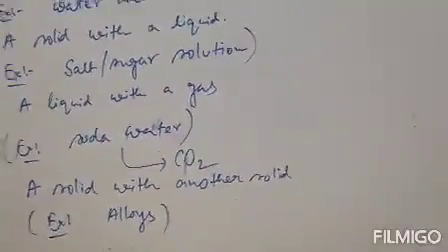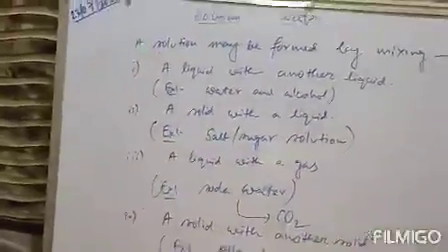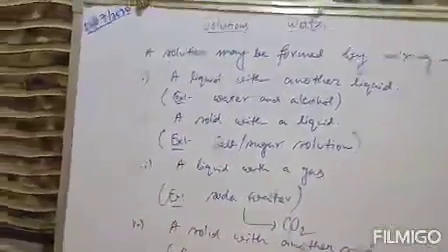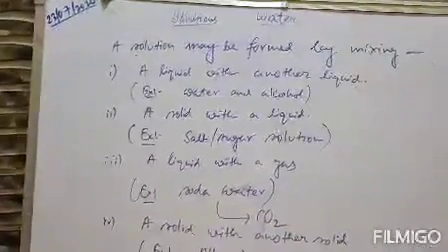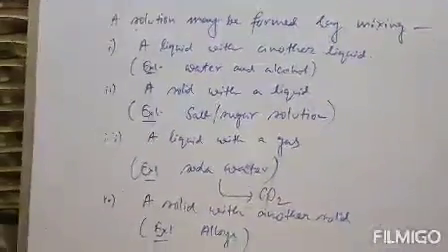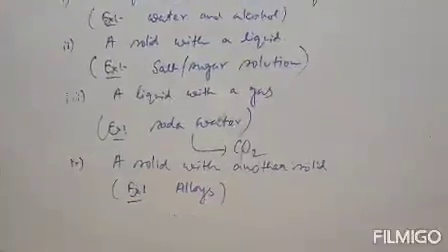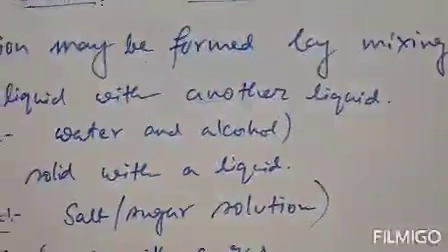The metals are actually solids. So the example will be alloy. So in total 4 categories are there by which a solution can be formed. Number 1 is a liquid with another liquid. Number 2, a solid with a liquid. Number 3, a liquid with a gas. And number 4, a solid with another solid. And their examples are given.